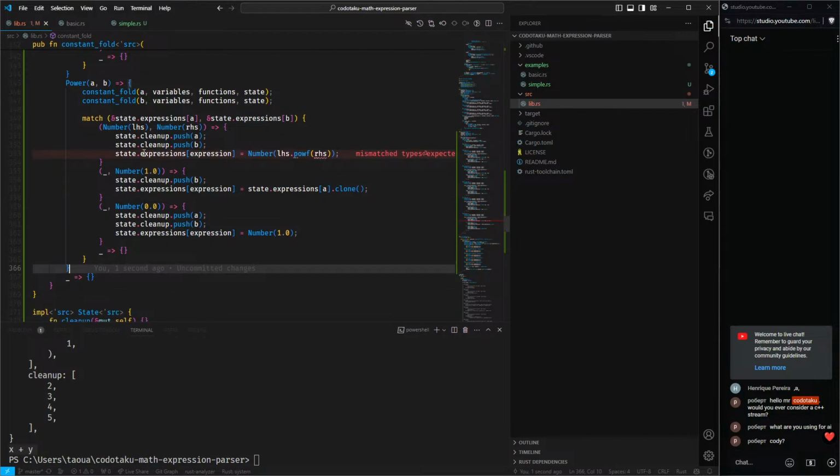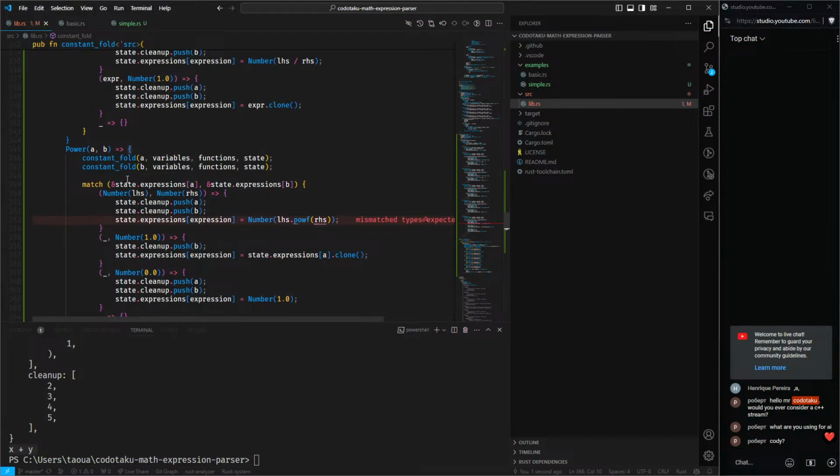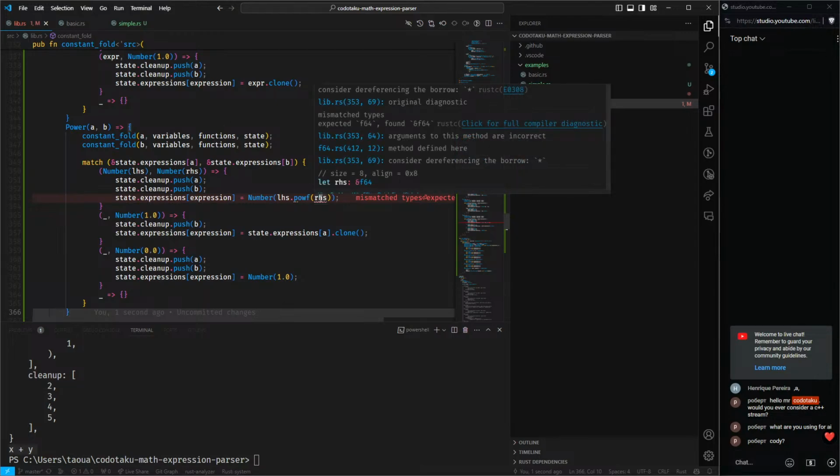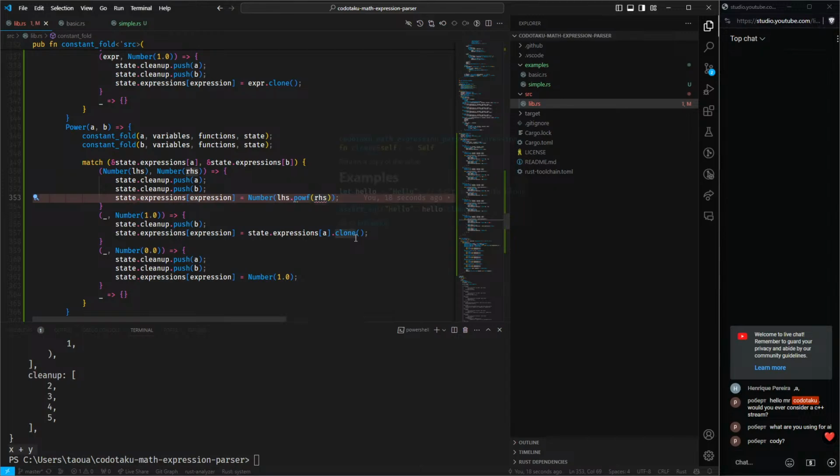But yeah, the only problem with AI is that after it generates code for you, you have to proofread it, right? So you have to make sure it didn't do something stupid. But other than that, it's pretty good. Like for example here, it didn't dereference the RHS. But other than that, it's good.